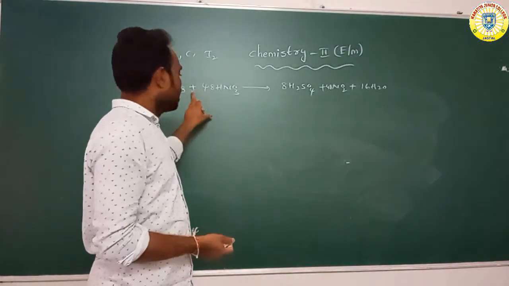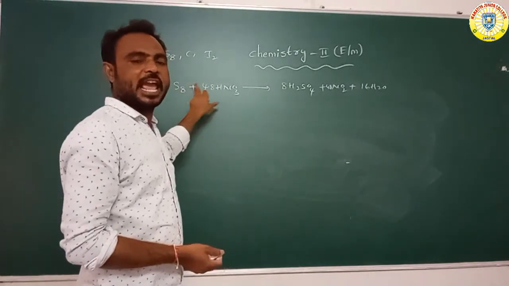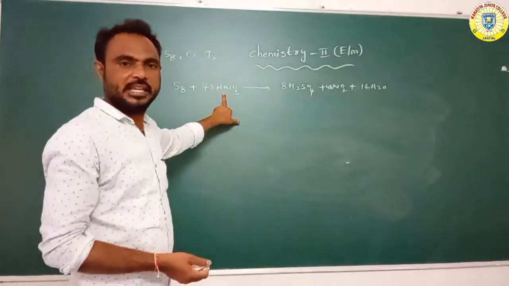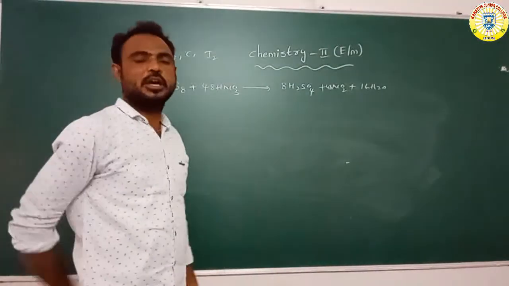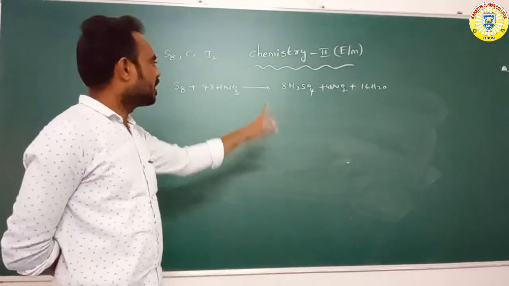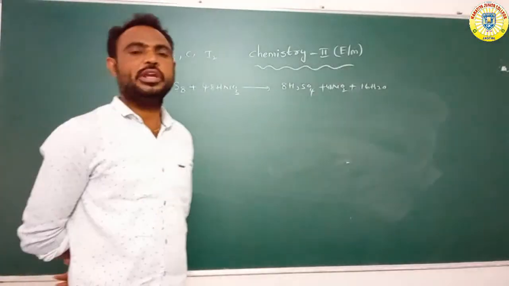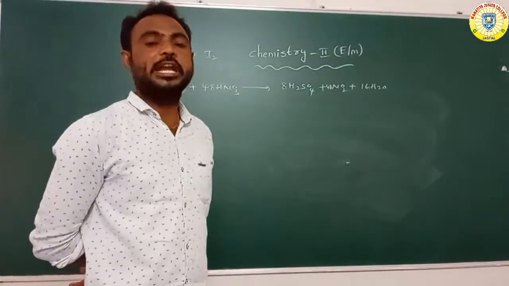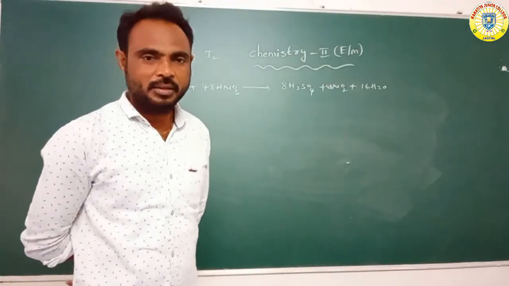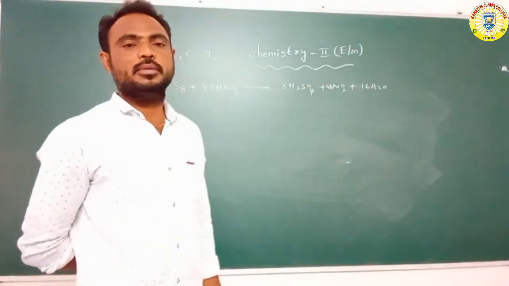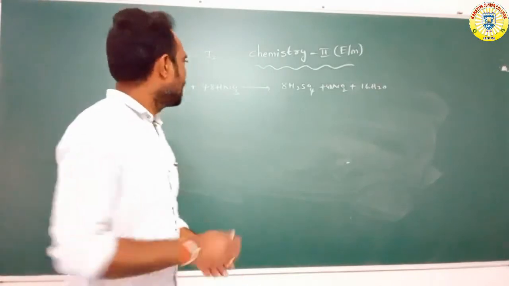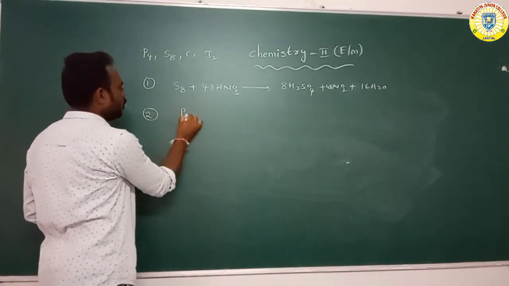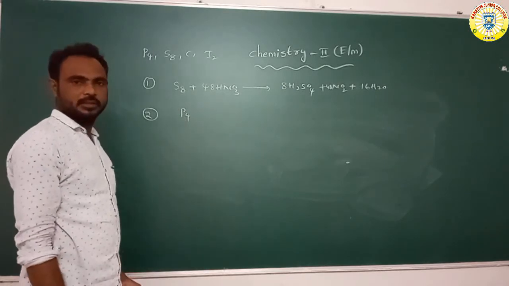Listen: when sulfur reacts with HNO3, nitric acid, it forms three types of compounds: number one, H2SO4 sulfuric acid; next NO2 nitrogen dioxide; next water molecules.